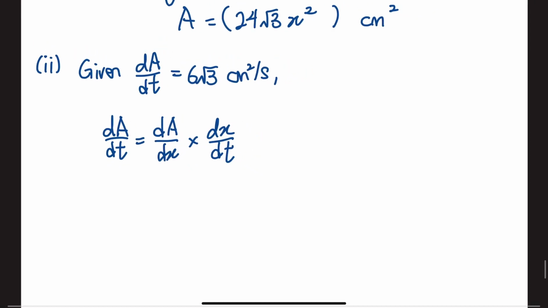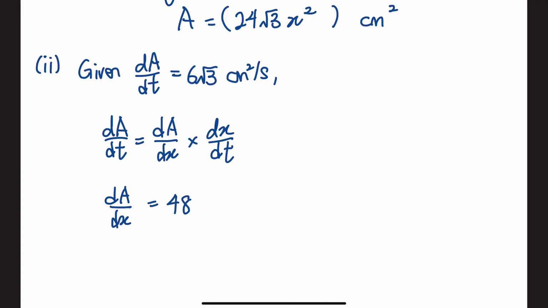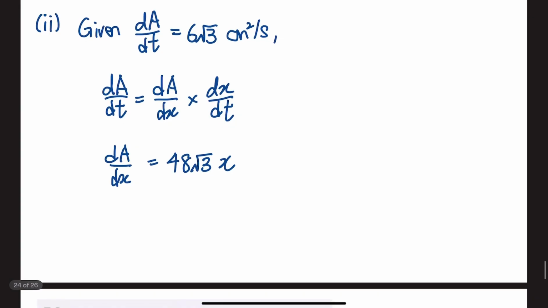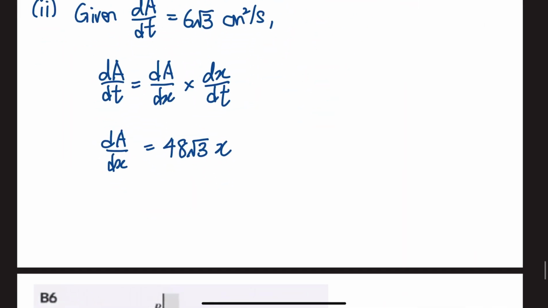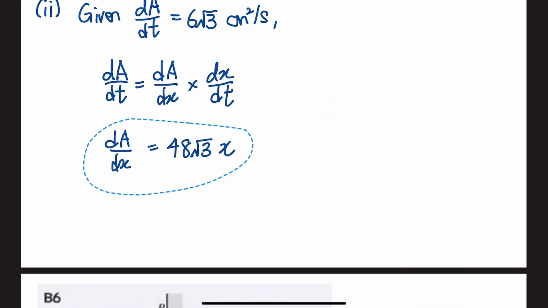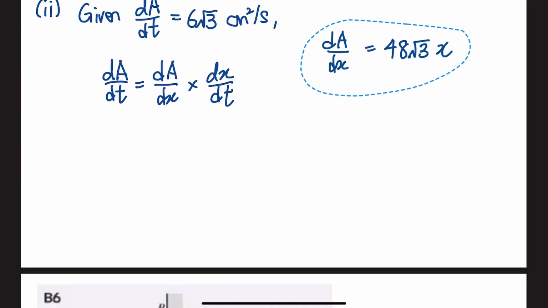Therefore, dA over dx is simply differentiating A with respect to x. This will become 48 root 3 x. Maybe I write this at the side.